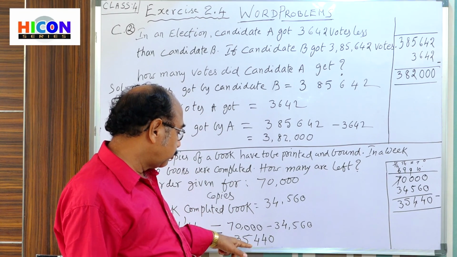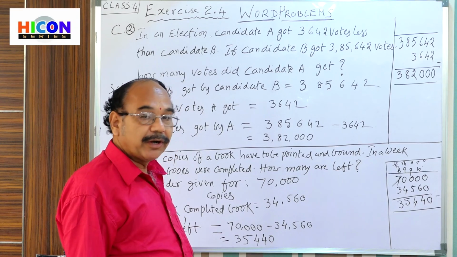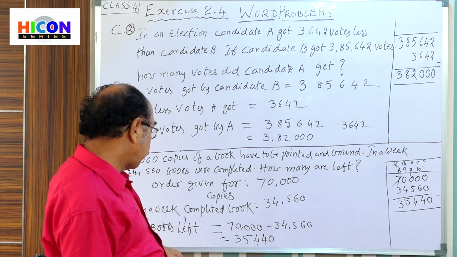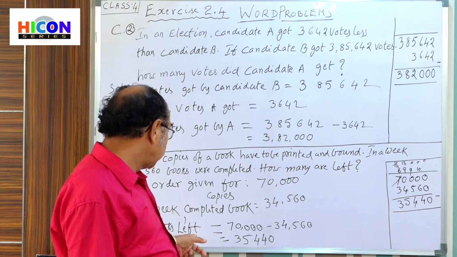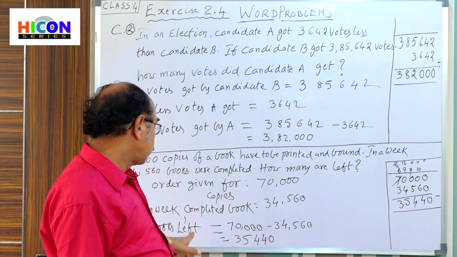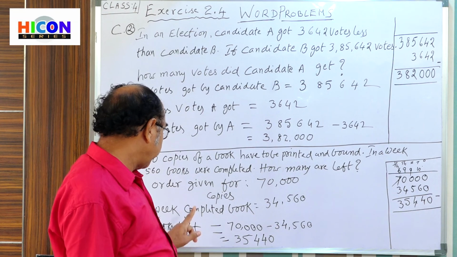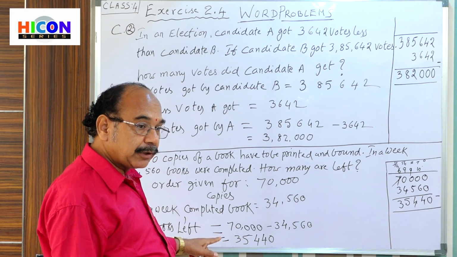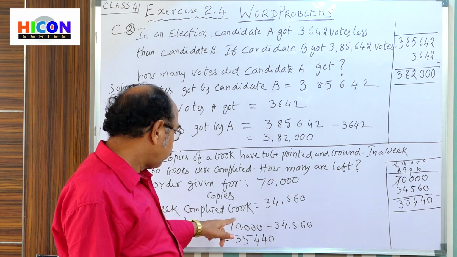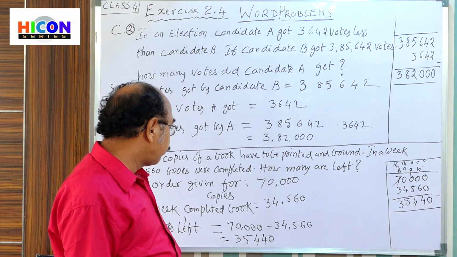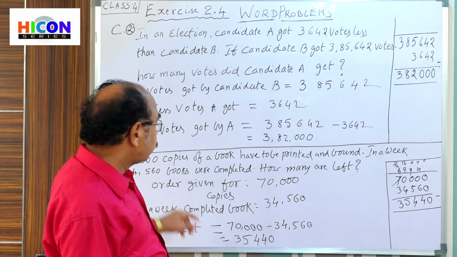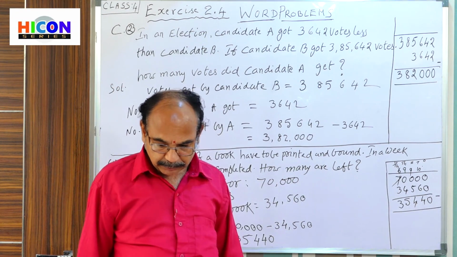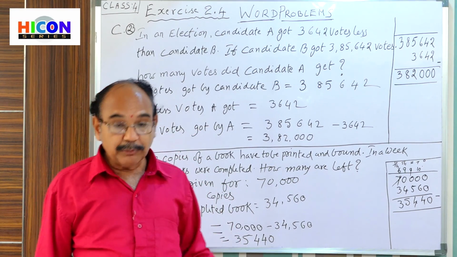After subtraction, how much we got? 35,440. This much of copies, still the company has to produce. Okay, like this we solve the working problem. Now we go to one more working sum.